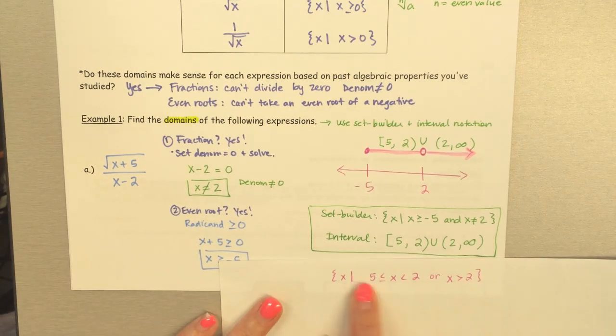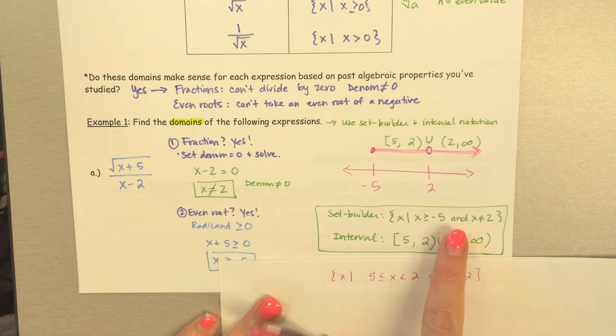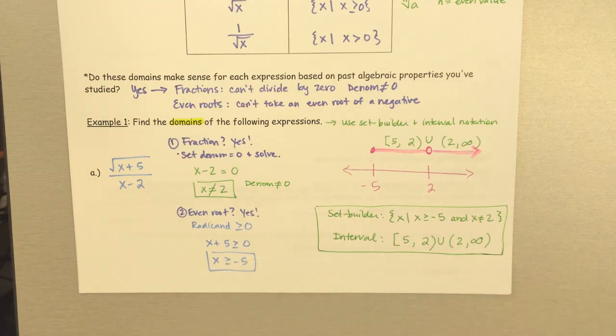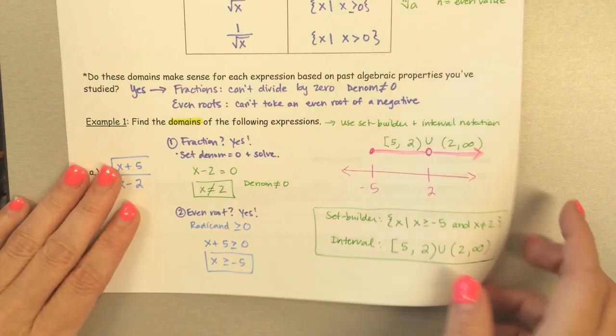That would be an acceptable answer as well. I think this way is going to be a little bit quicker, and this is how your textbook gives you your solutions. So that's what I'm going to show you.